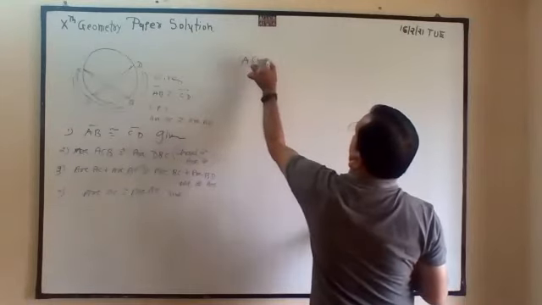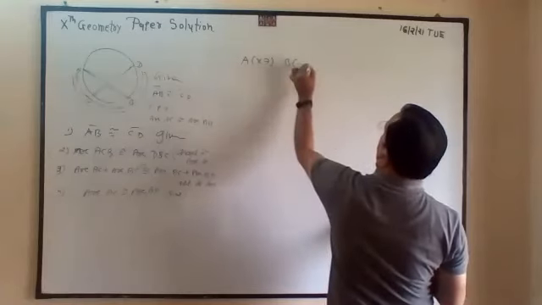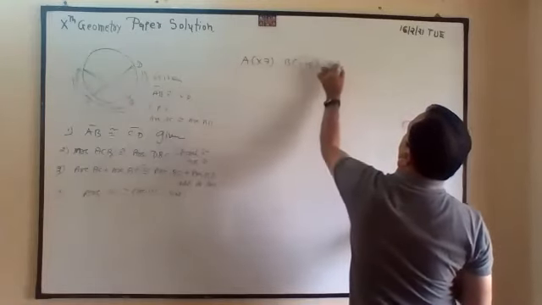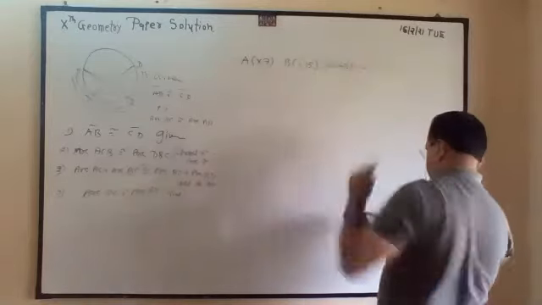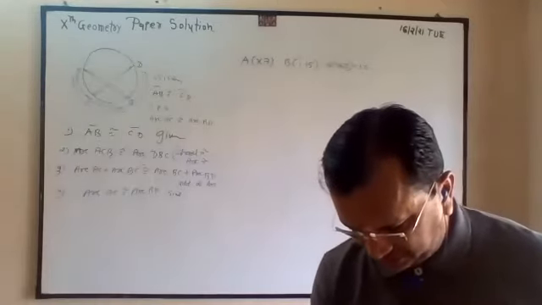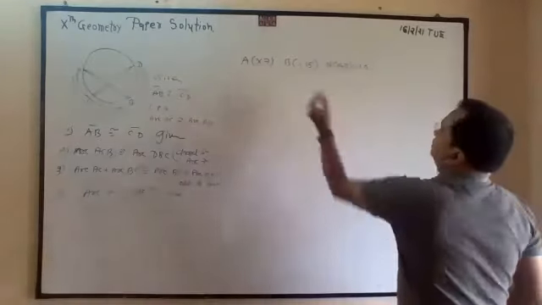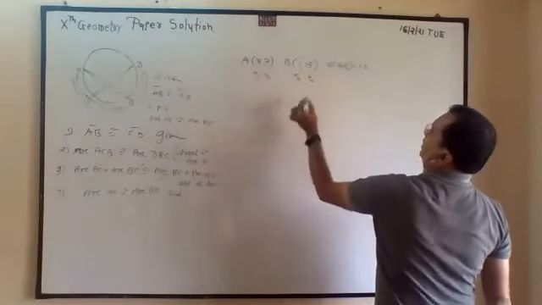A is x, 7, B is 1, 15, distance AB is equal to 10. So to find x, this is your x1, y1, x2, y2.